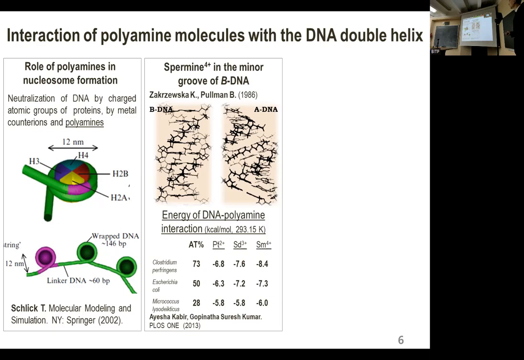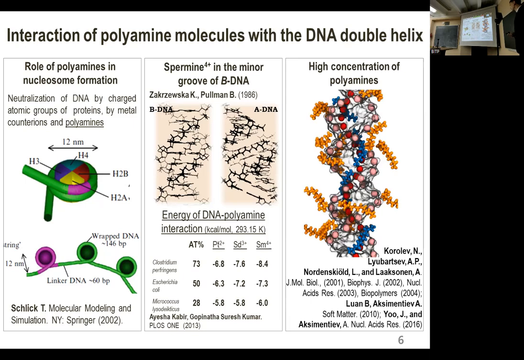There are negatively charged phosphate groups, and that's why polyamines bind to the backbone, and the sequence of nucleotides doesn't play any role. But the experimental data, not many years ago, show that polyamines bind specifically to some nucleotide sequences, and this problem should be studied.